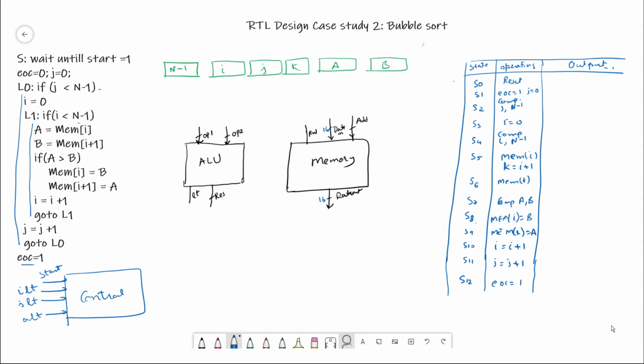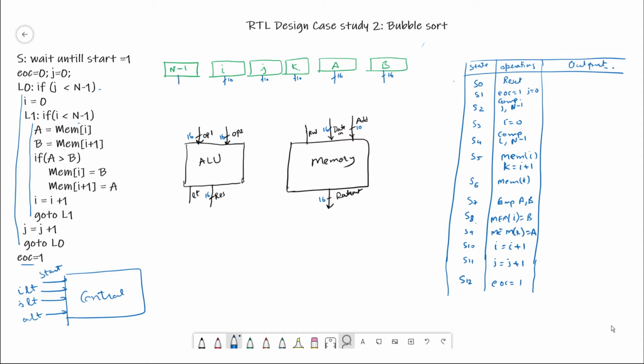In that case my address is going to be 10-bit. So operand 1 is also 16-bit, operand 2 is also 16-bit, my result is also 16-bit. So what about the registers? I can be 10-bit, J can be 10-bit, K can also be 10-bit, and A and B are going to be 16-bit each.